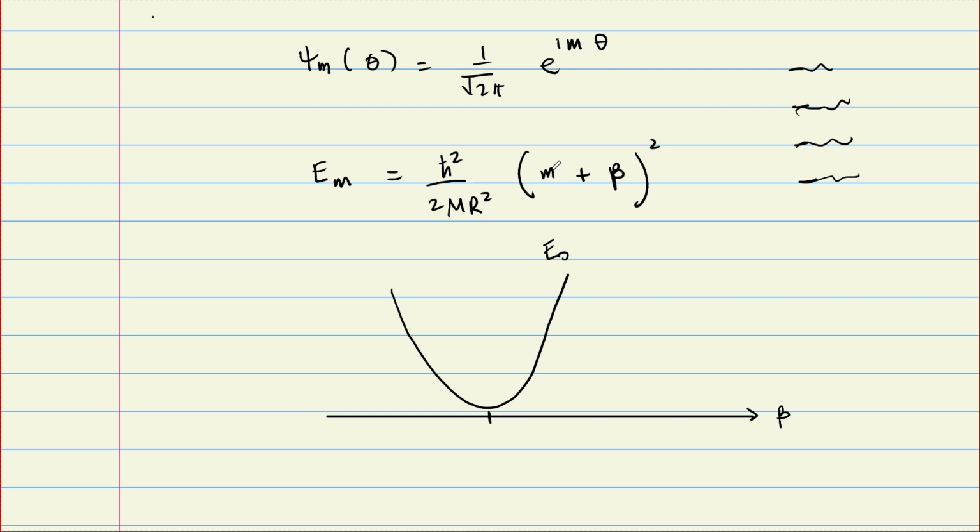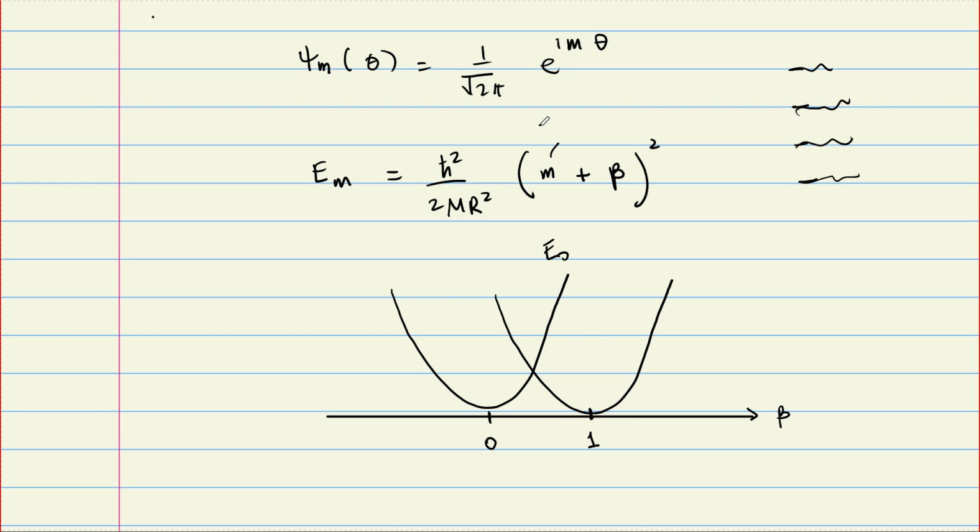The minimum of the parabola is going to be at 0. So this is E0. But for E1, this parabola is going to be shifted like this, right? So this is beta equal to 1.